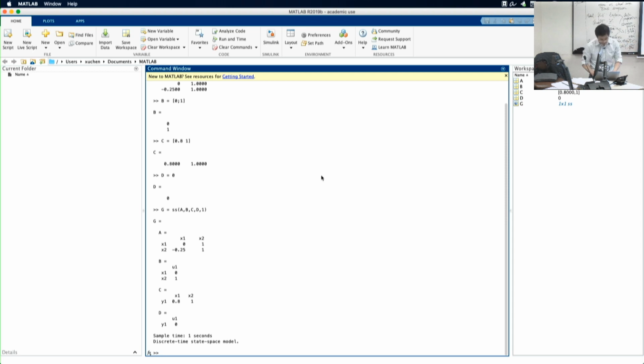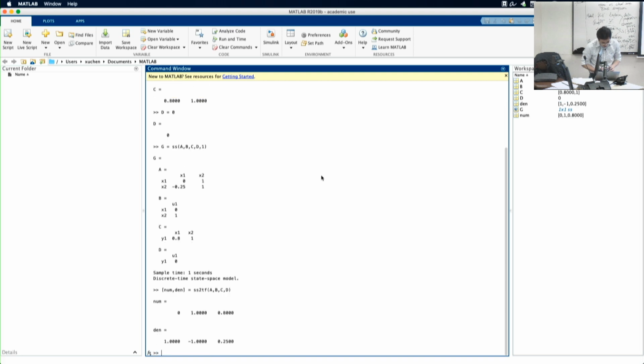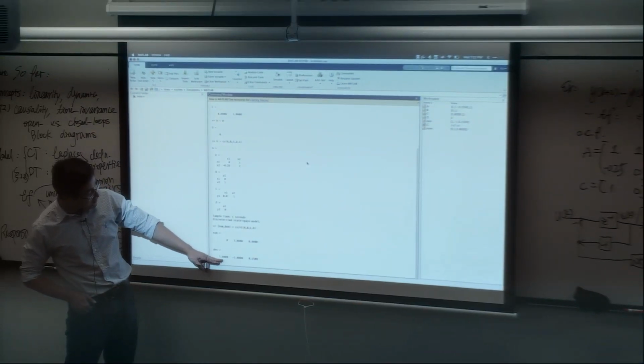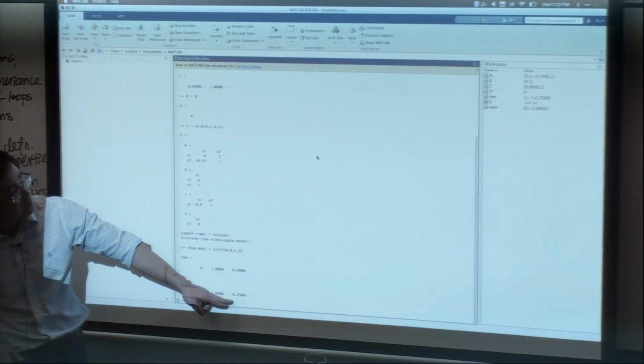To get the transfer function from the state space, you can obtain the numerator and denominator by ss2tf with A, B, C, D. So for those of you who cannot see clearly, MATLAB is generating the numerator of the transfer function with coefficients 0, 1, 0.8, which are the coefficients on the top on the right over there. The denominator has coefficients 1, negative 1, 0.25, as over there.